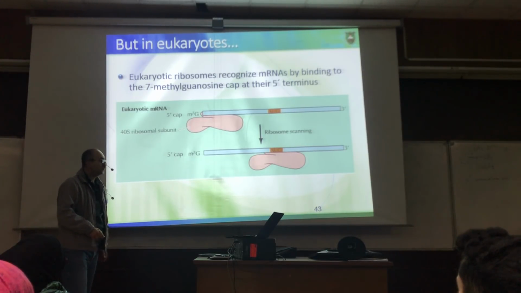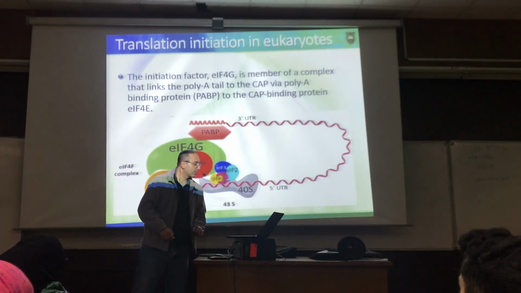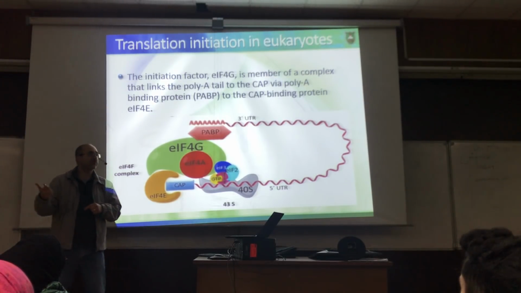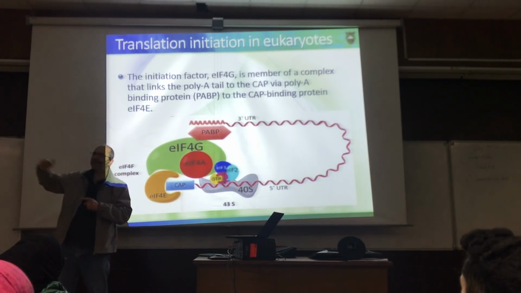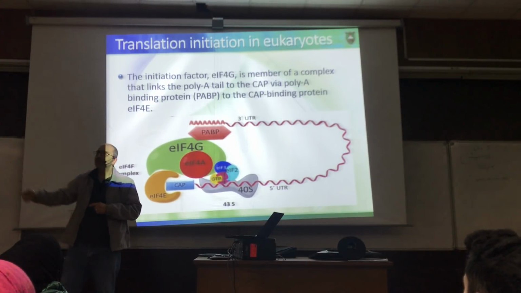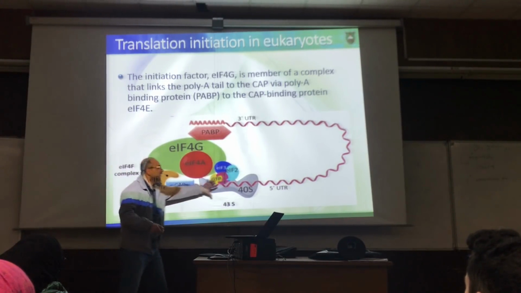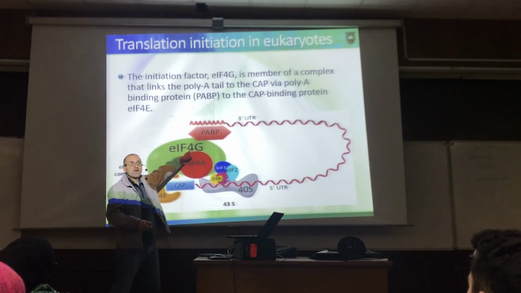Okay? But is there a sequence? Well, there is a sequence. And remember I said as well that the poly A tail is important for translation. Someone can say, the poly A tail exists at the end of the messenger RNA, so why is it important for translation? Because a protein binds to the poly A tail, known as the poly A tail binding protein. It forms a complex with the proteins that sit on the cap, mediated by this large protein right here.